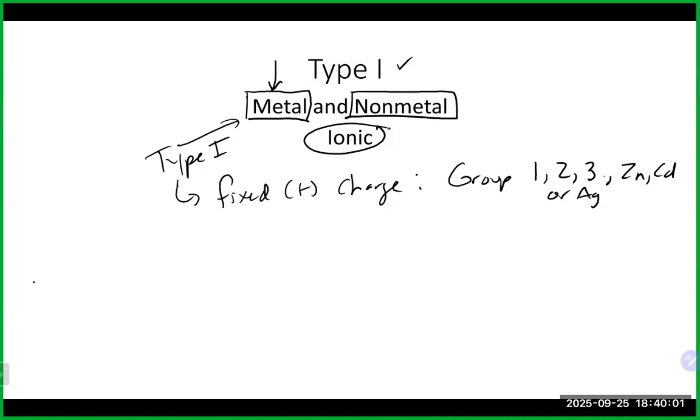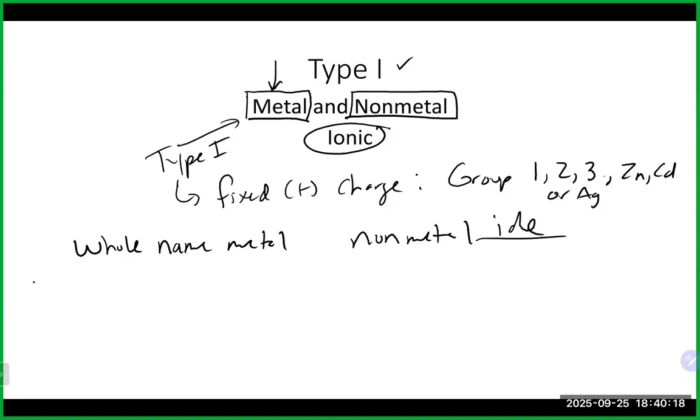The good news on that is you can basically just roll right into the naming part of it, and that is the whole name of the metal, and the nonmetal will get the IDE treatment here. So for example, NaCl, the first thing we can look at: Na is a metal, Cl is a non-metal, so that tells me it's ionic.